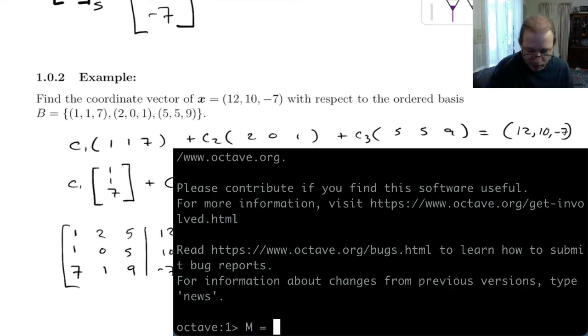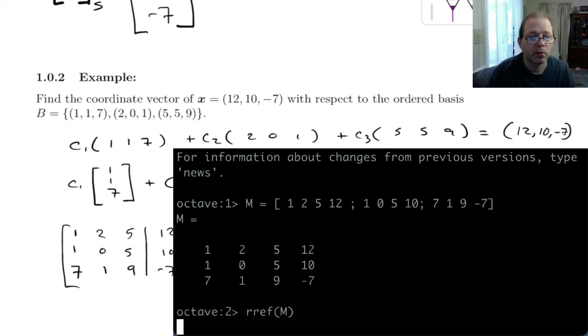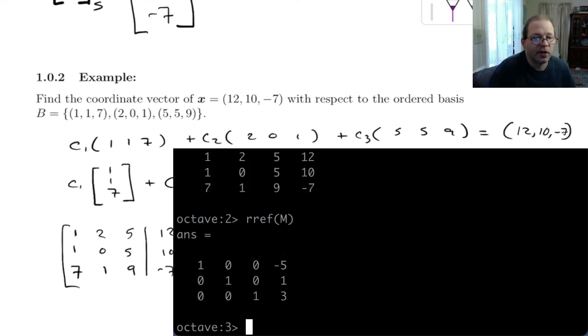All right, so my matrix here is 1, 2, 5, 12, 1, 0, 5, 10, 7, 1, 9, negative 7. We'll reduce that, and we get this: negative 5, 1, 3.